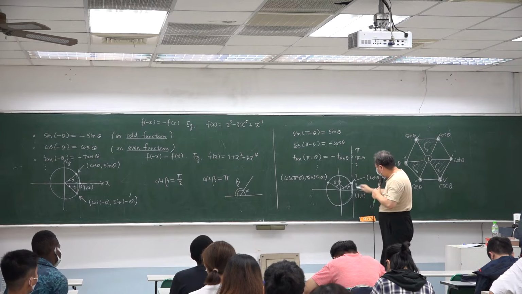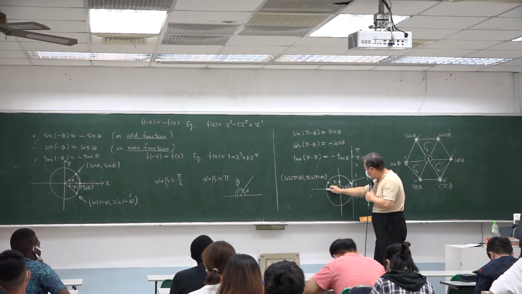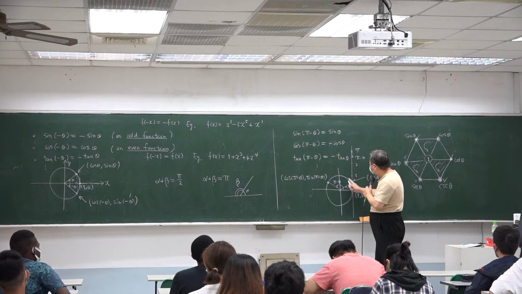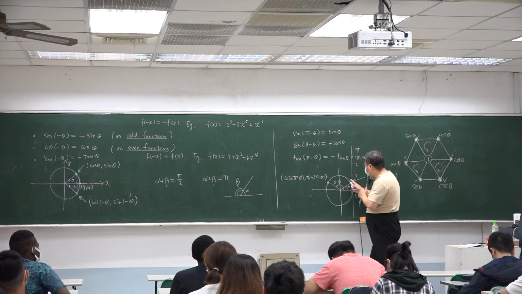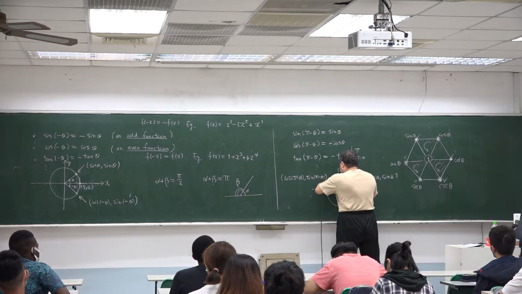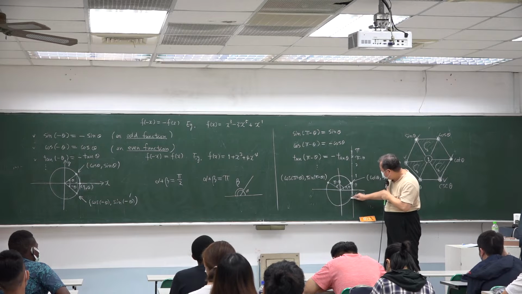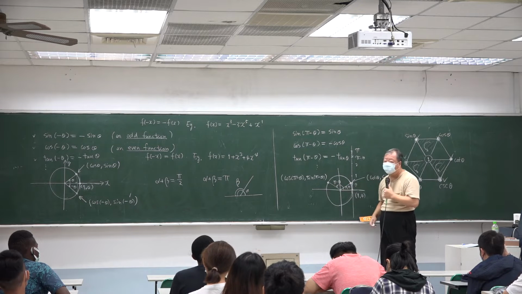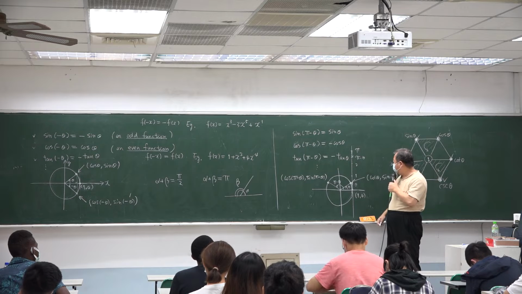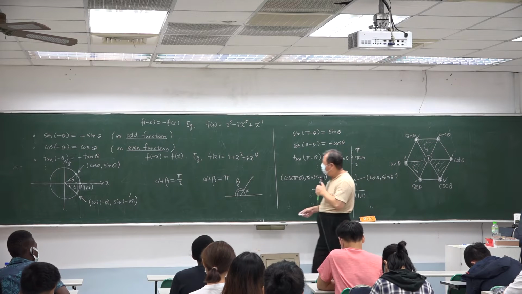So, if theta is 0, then this is pi. If theta is bigger and bigger, then this one moves too. If theta is here, then this one here.